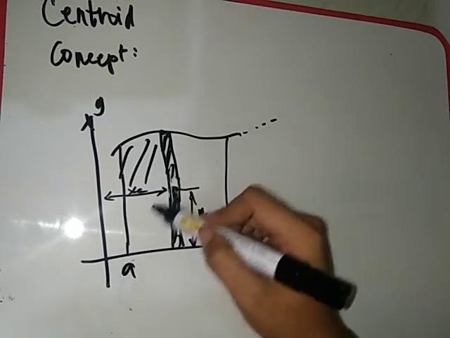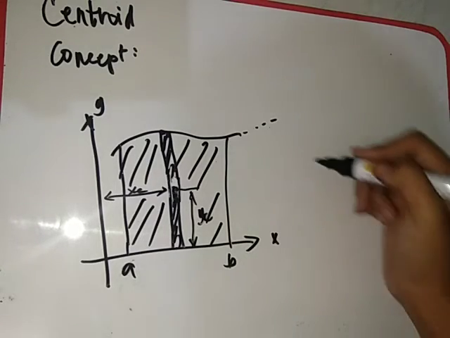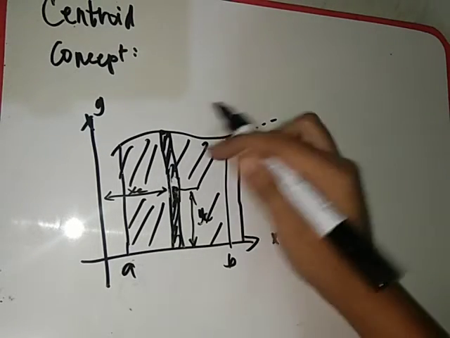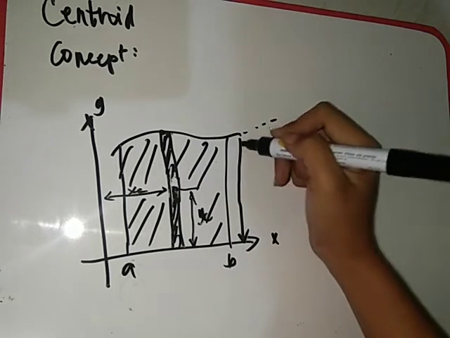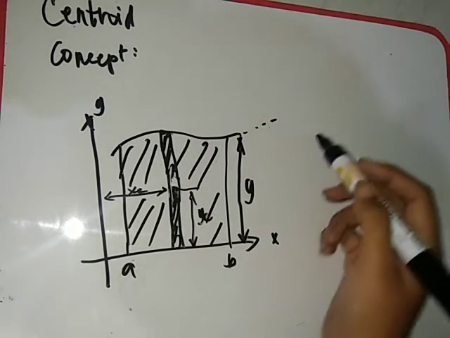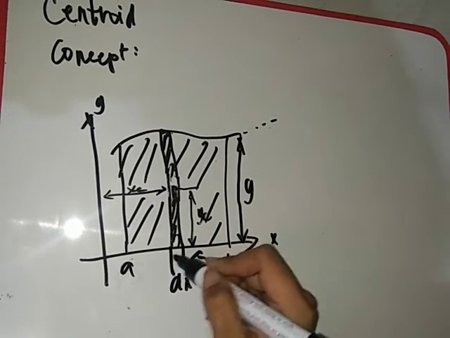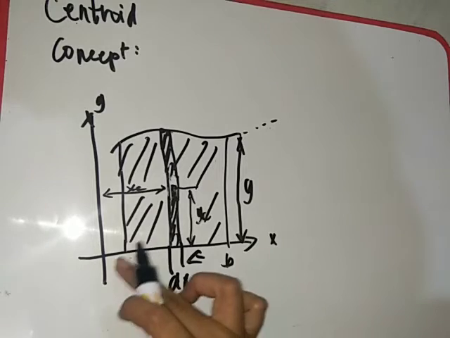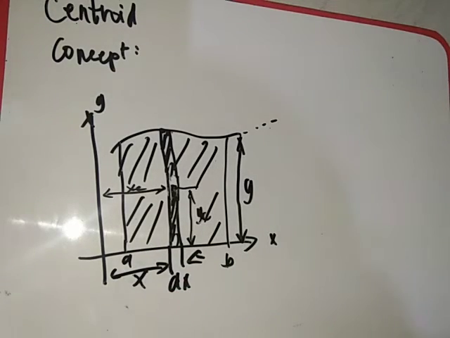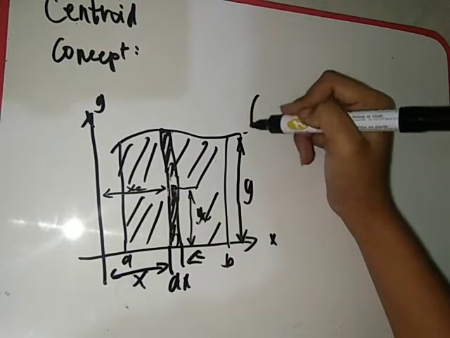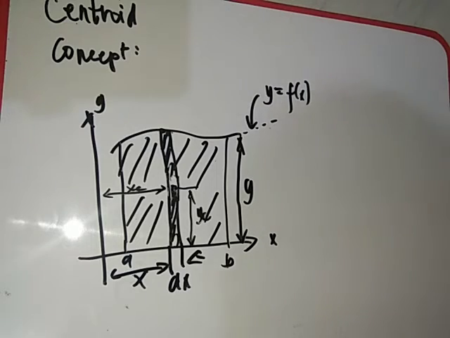So this is the area, and then the height of this strip is Y, and then we have the dx, the thickness of our strip, and this is dx, and then y is equal to f of x.